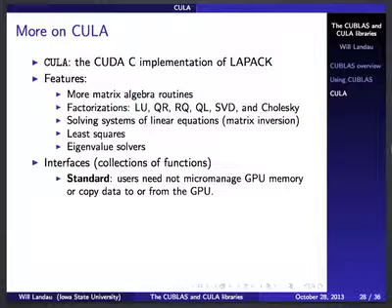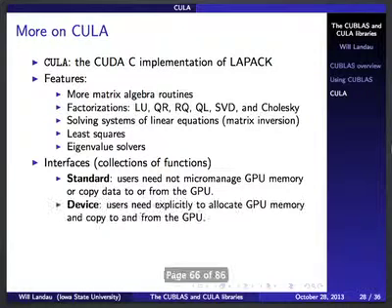There's also a device interface, which I used, where you need to explicitly allocate GPU memory and do the copy yourself. So they work directly on things in device memory. If you're using the standard functions, you give it things stored on the host. If you use the device API, you give it things stored on the device.